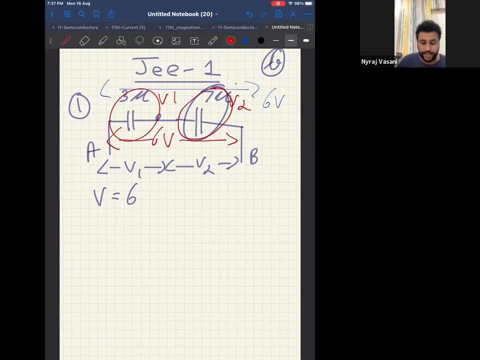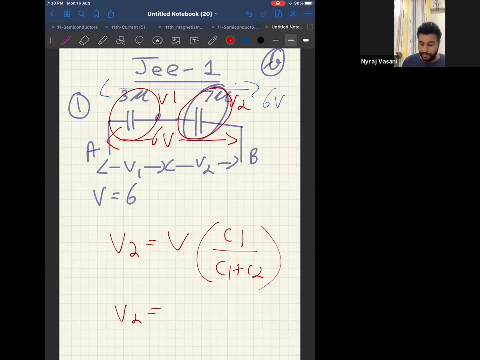Correct, because I need the voltage on the 5 microfarad capacitor, or I need the charge on the 5 microfarad capacitor. Therefore, if I want to find V2, can I say the formula which I told you in the last class? V2 is equal to V into C1 divided by C1 plus C2. In fact, this was the formula which I told you. Please remember. Now tell me what will be the voltage across this. What is V?